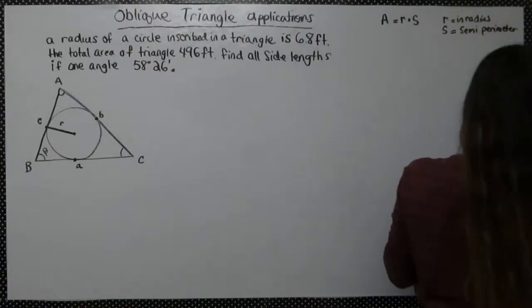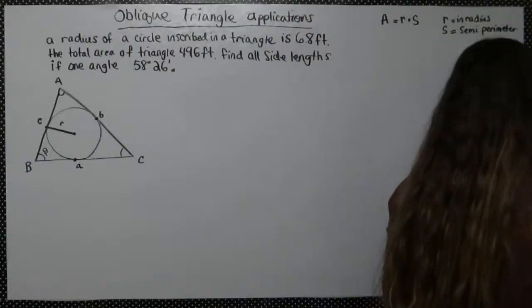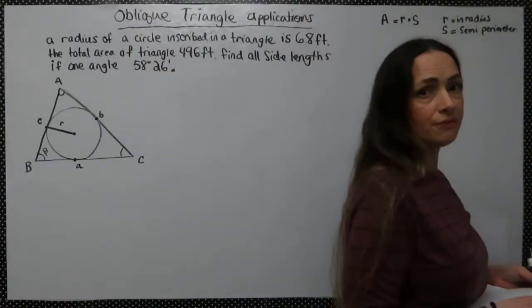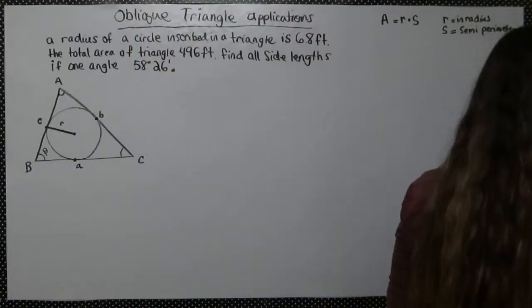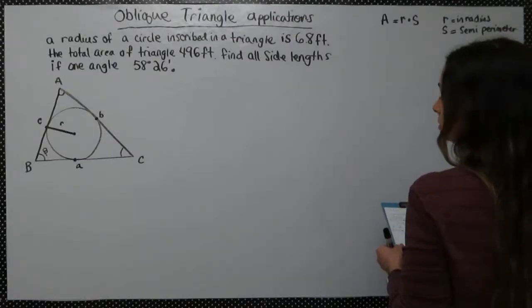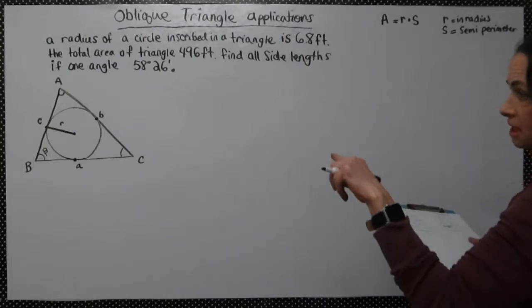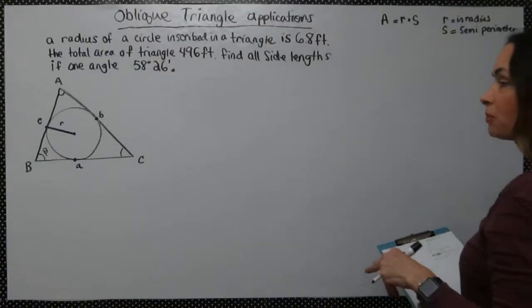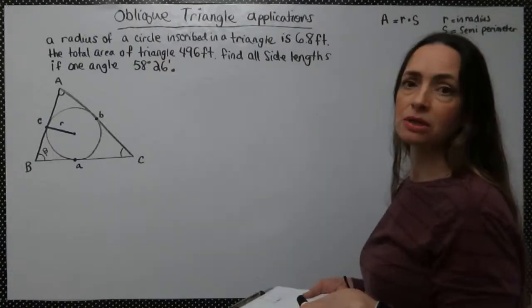And by definition, the semiperimeter is half the distance around the triangle. So the perimeter would be all of the sides added together. The semiperimeter would just be that divided by 2.